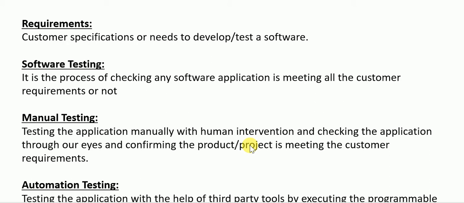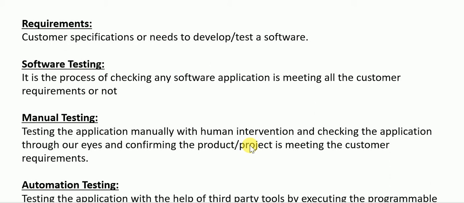Requirements come in different formats, for example a Word file. The requirements document is given to us, and based on it we test the application. The requirements document contains each and everything related to the application: how the login page should be, how the home page should be, what different buttons, text fields or links need to be there, how the logo should be, what the title of the page is, and how the functionality should be once you log in to the home page.